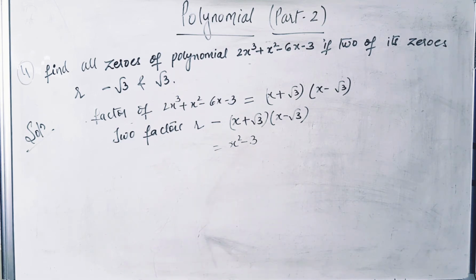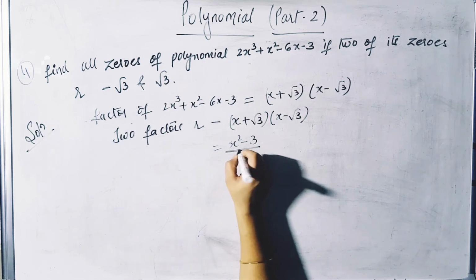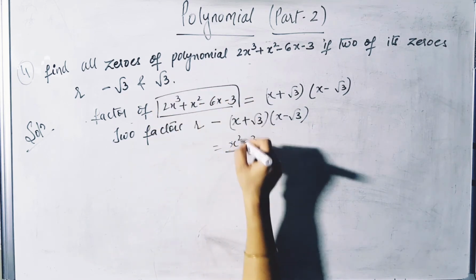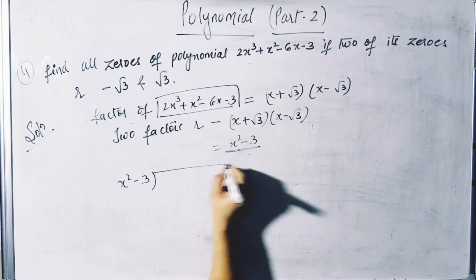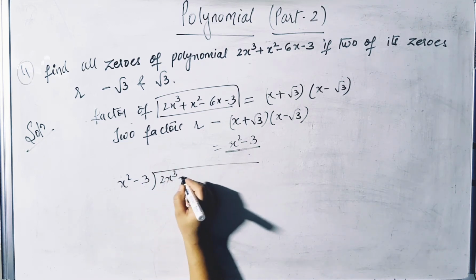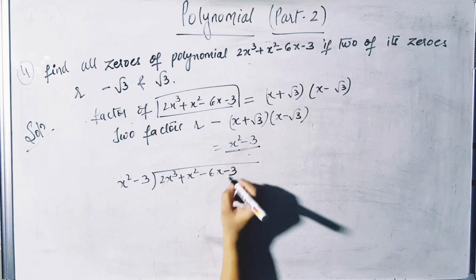We have to find the third factor. So if this is known to us, we'll divide the given polynomial by this, because this is the divisor over here. When we divide, we can find the remaining factor also. 2x cube plus x square minus 6x minus 3.